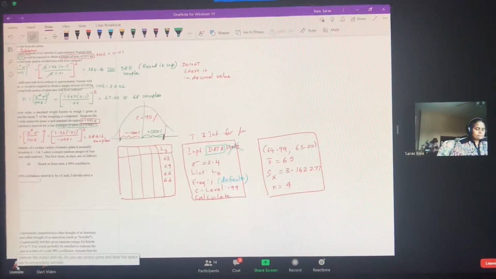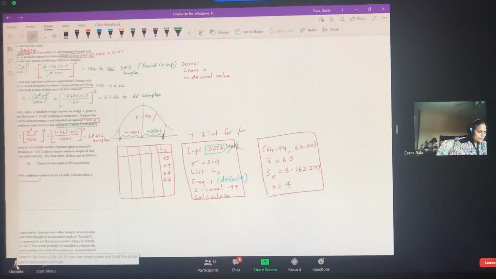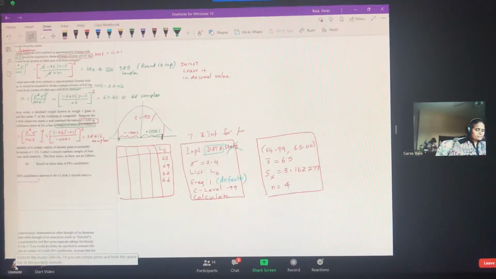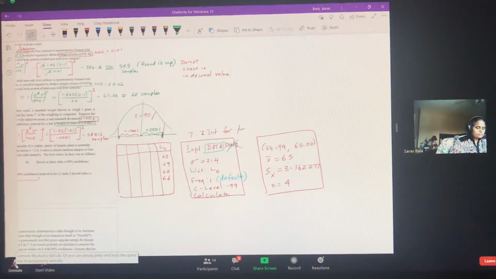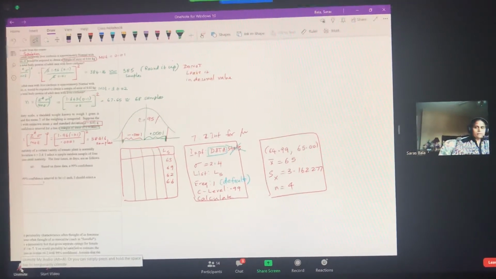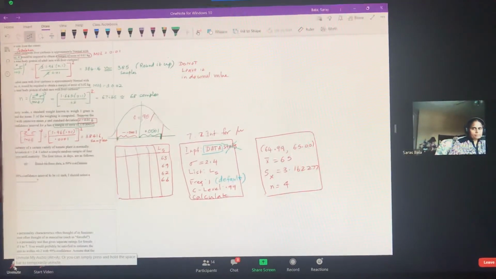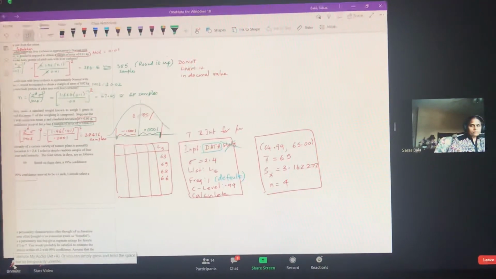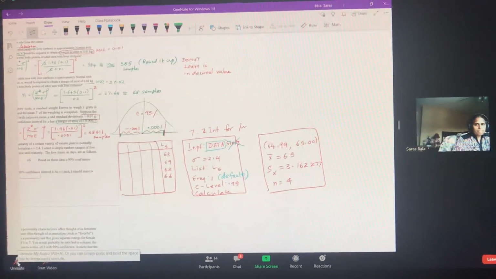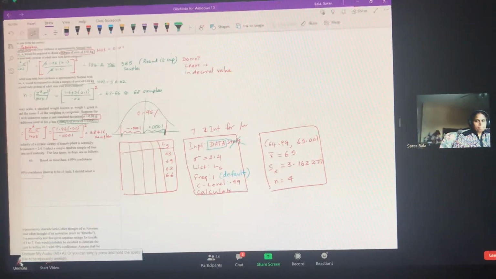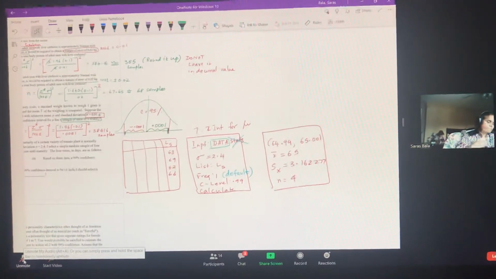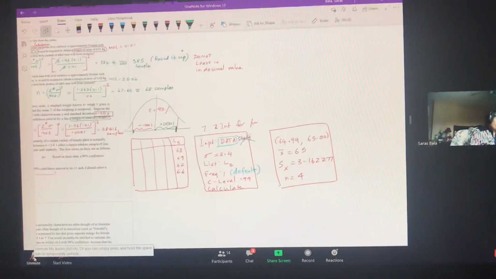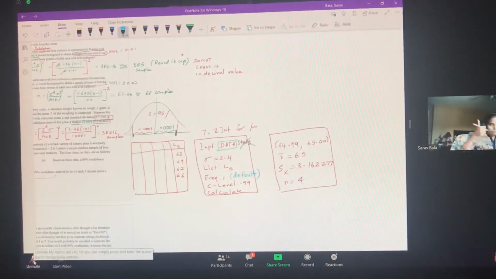Sigma is 2.4. The list is L5. Let me check that and make sure. C-level, did you put 0.99? I wonder. I messed up my list. I thought it said L5. It didn't. Okay, sorry, never mind.